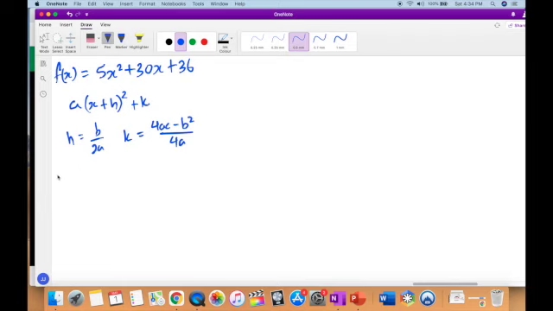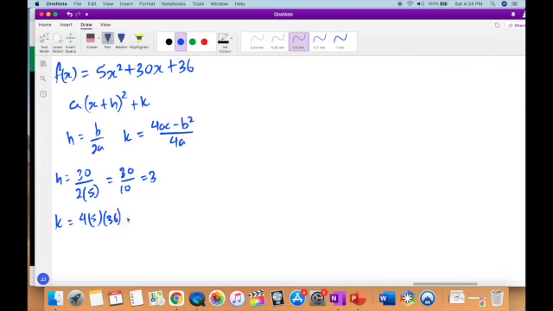So h is b, which is 30, all over 2 times a, which is 5. So that is 30 divided by 10, which is 3. And k is 4ac, which is 36.